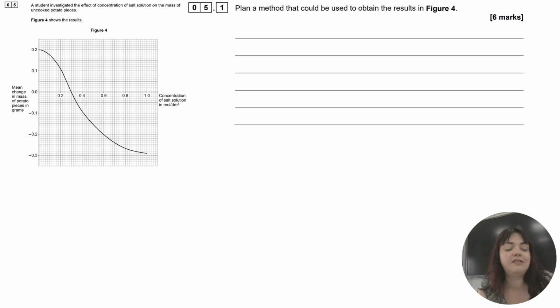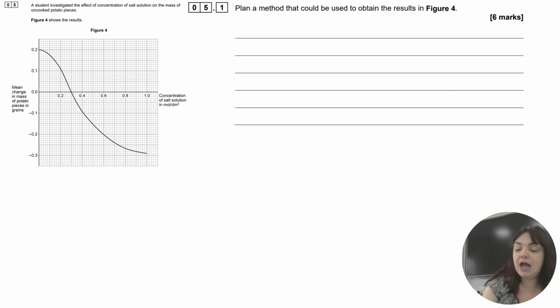So this is asking us to set up an osmosis method. It's saying that we're using it on potato pieces. Now, in the past, like I've said to you in class, I've seen this on beetroot, on eggs, on boiled carrot, etc. It does not matter. It's always the same thing.